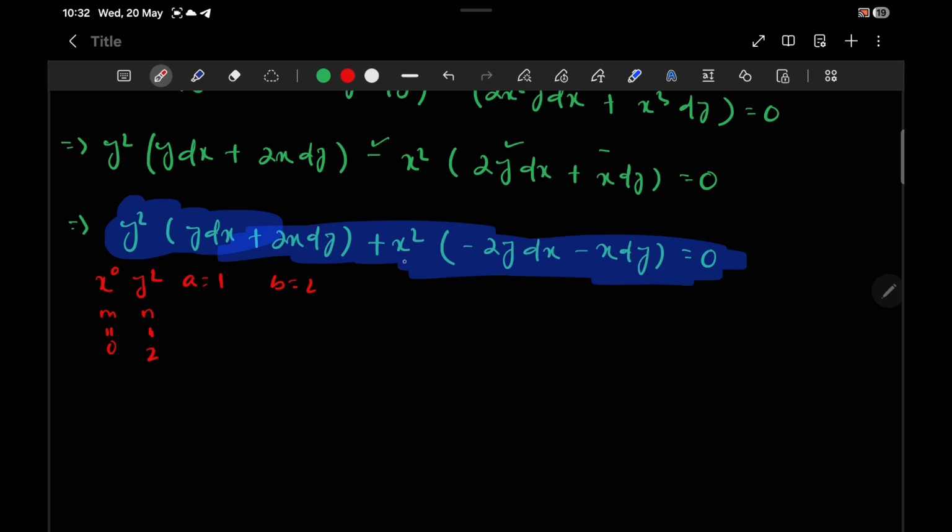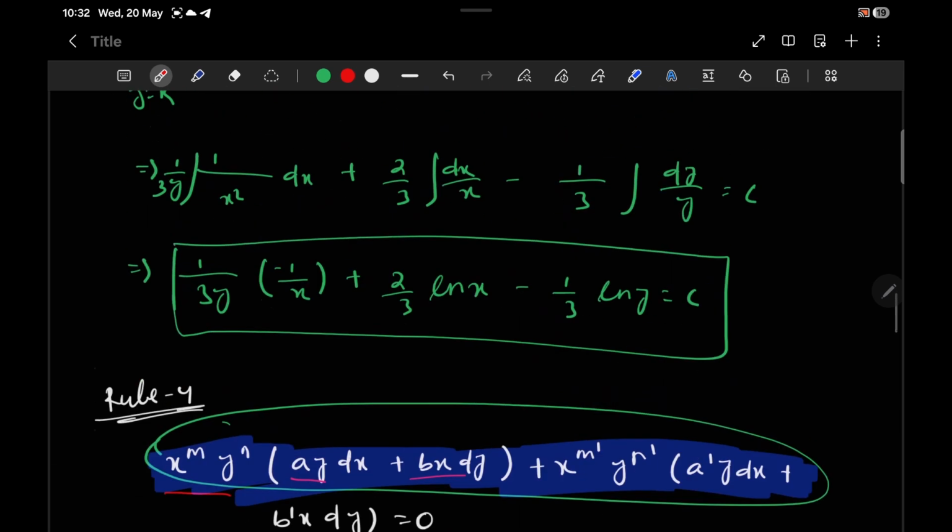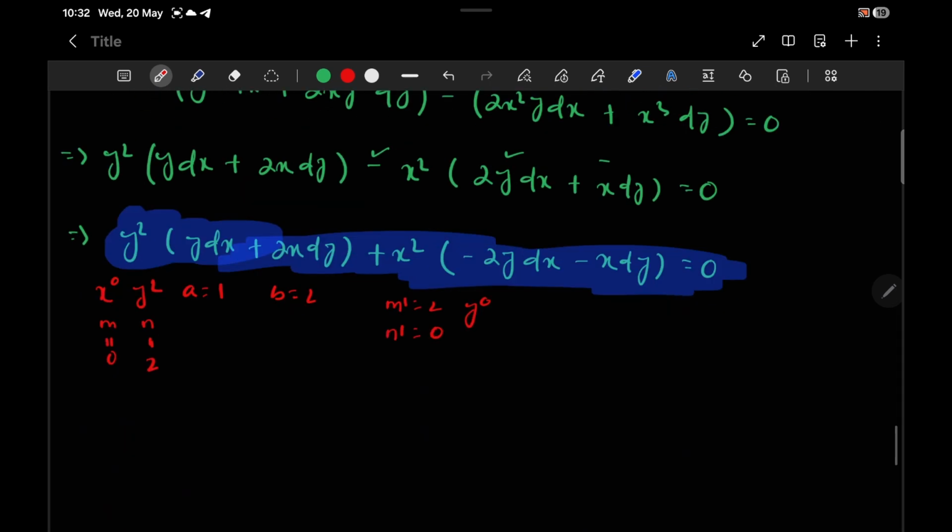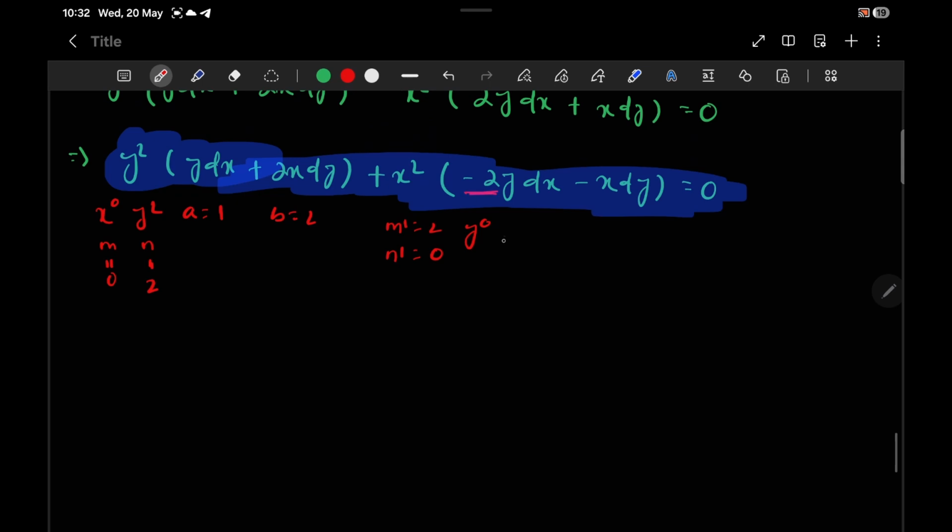Here we have x to the power m dash and y to the power n dash. So m dash is 2 and n dash here is 0, since y to the power 0, and here a dash and b dash. So a dash here is minus 2 and b dash here is minus 1. So we get the similarity with our original equation.